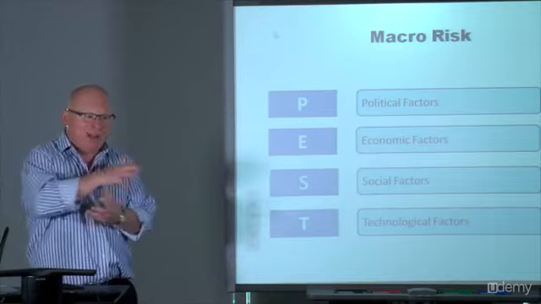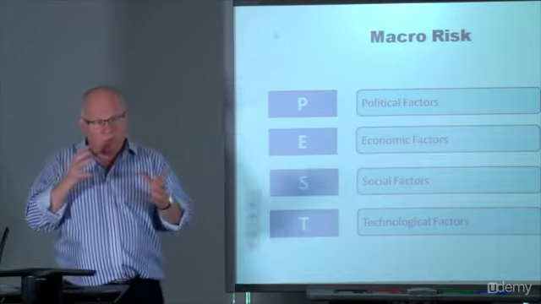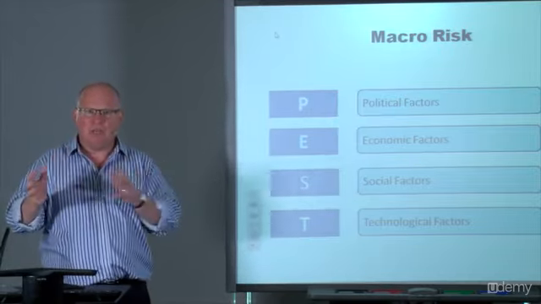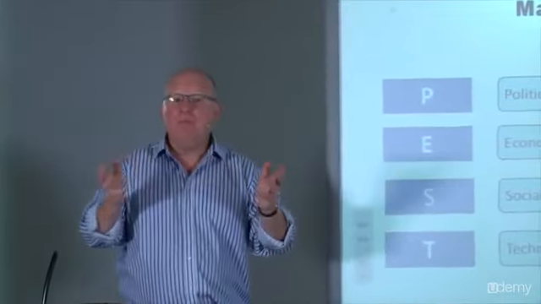Because if we look at the economic cycle, we find that confectionery is one of those businesses that people tend to buy irrespective of how the economic cycle is working. Social factors, maybe some exposure here. As people get more health conscious, maybe they start looking at sugar contents, fat contents.